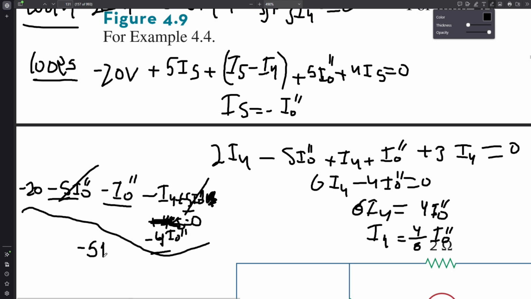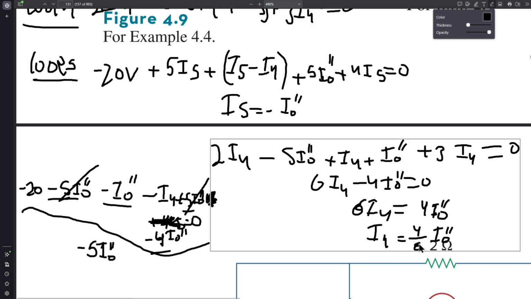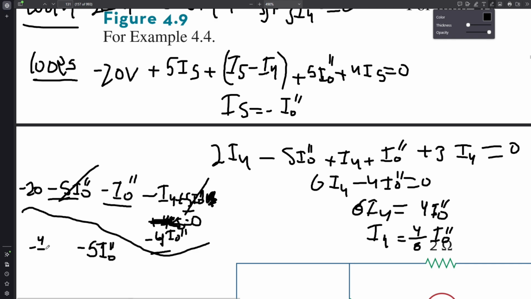Negative 5 I0 double dash, and for I4 you only have negative I4 alone. And you can just immediately replace I4 because we have it as 4 over 6 I0 double dash. So just put 4 over 6, and it's negative, so negative 4 over 6 I0 double dash. And the negative 20, you can move it to the other side, it will be positive 20.